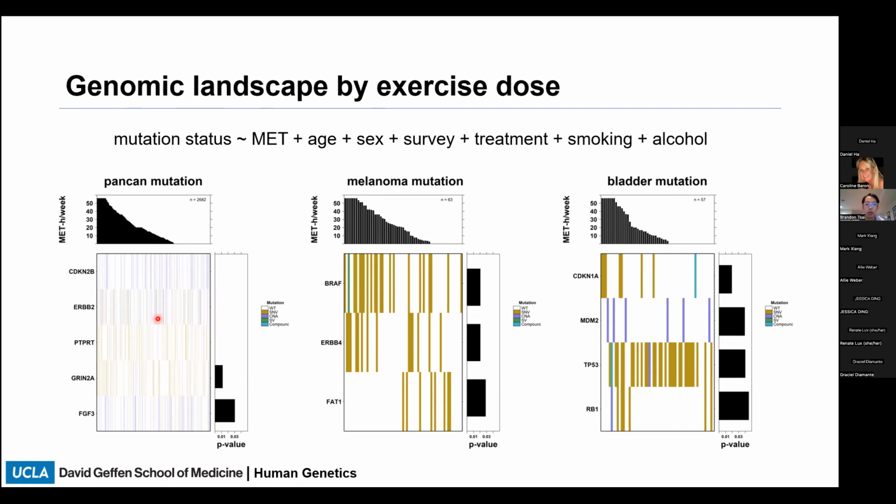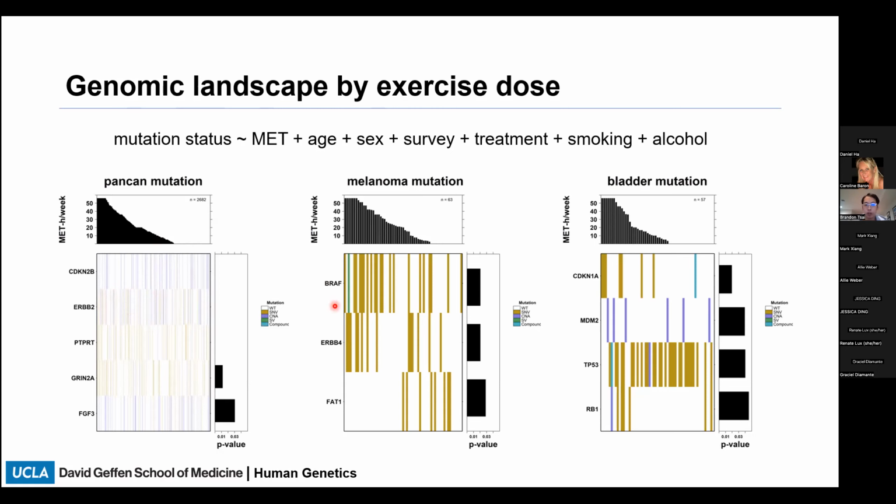And then also ERBB2 tends to have more mutations among higher exercisers with a variety of mutation types. You see like purple and yellow, which are the single nucleotide variants.